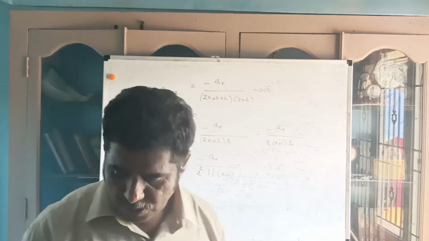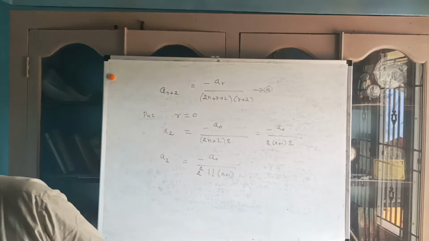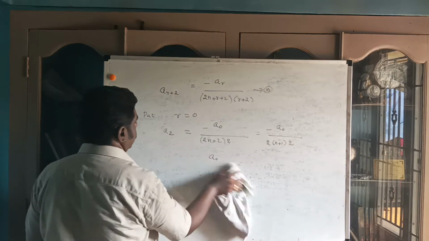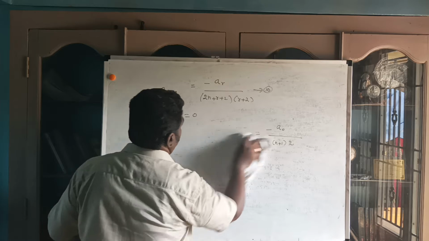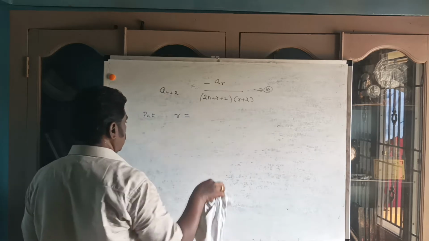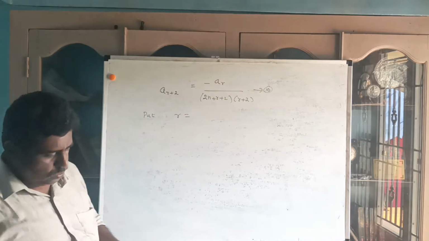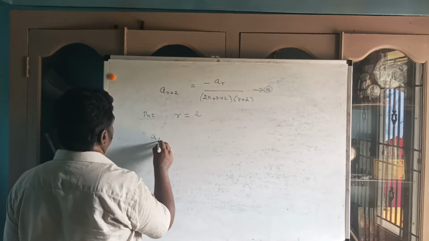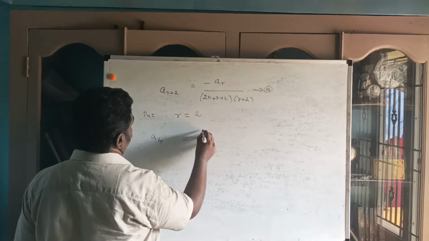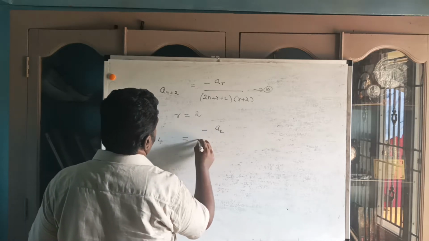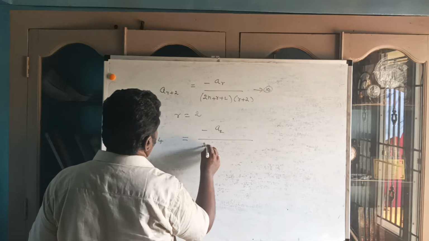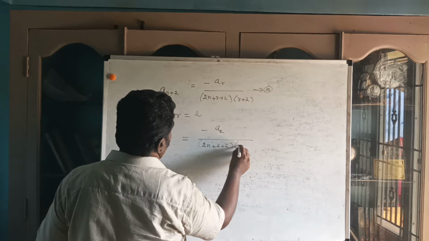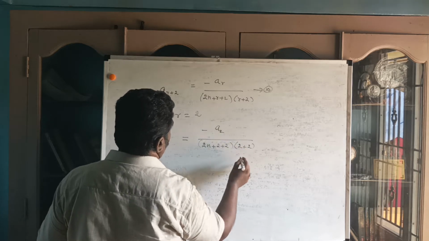To find the value of A4, we have to put R equal to 2. Then A4 is equal to minus A2 divided by (2n + 2 + 2) into (2 + 2).